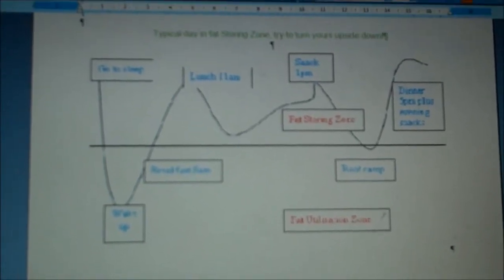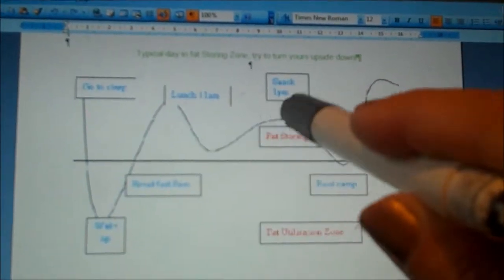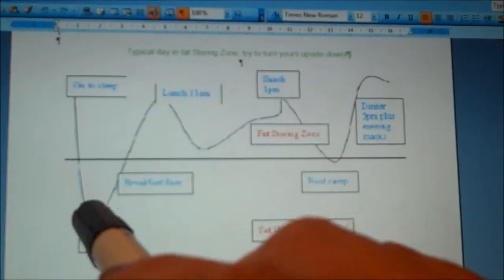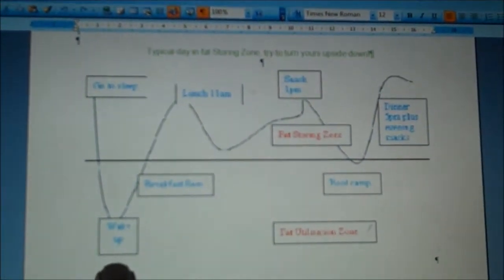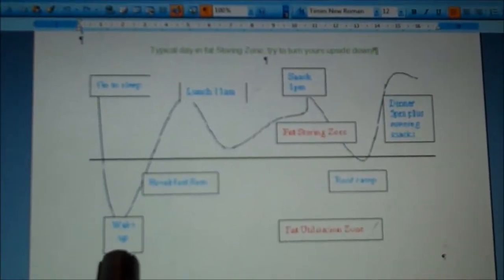If it's a little amount of sugar that we've had in that evening meal, then we'll be further down into this utilisation zone. But this isn't any indication of any proportion. It's just a pattern for you to relate to. So when you wake up in the morning, which is this box here, you're quite low into your fat utilisation zone, which is fantastic.